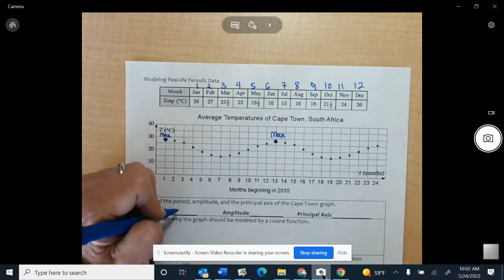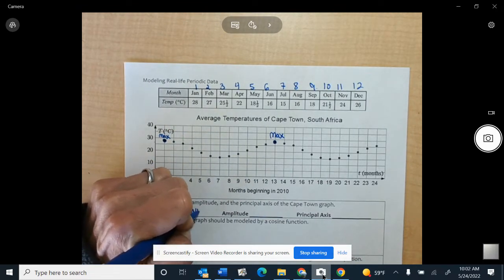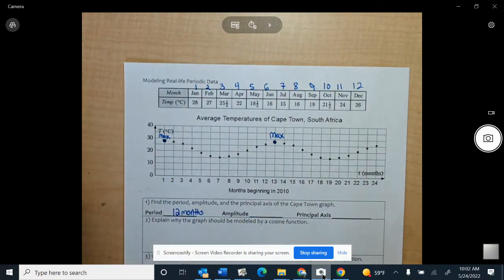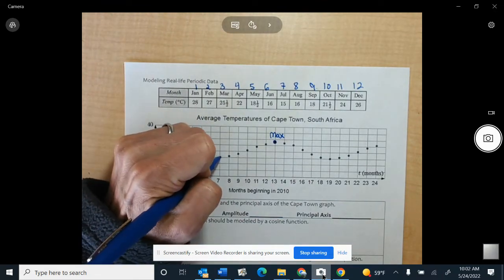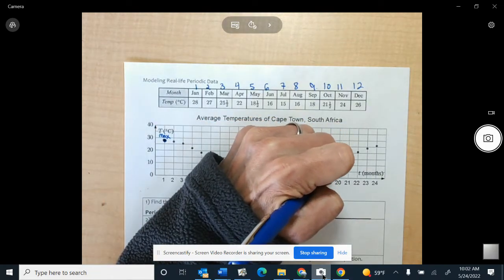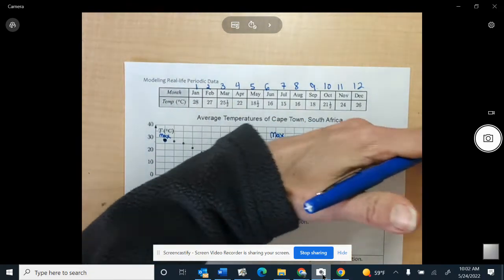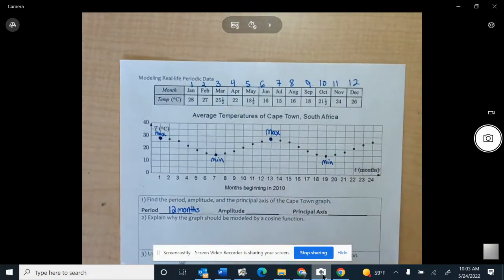And notice that that is 12 months, 1 year. And then the next thing I'm going to consider is the average between this maximum and say this minimum temperature, because that will help me find the midline, that principal axis.